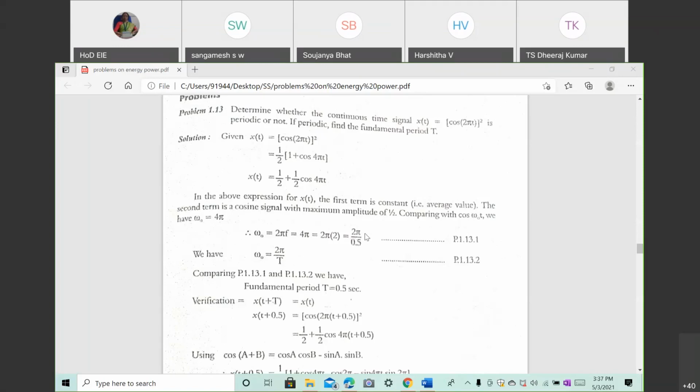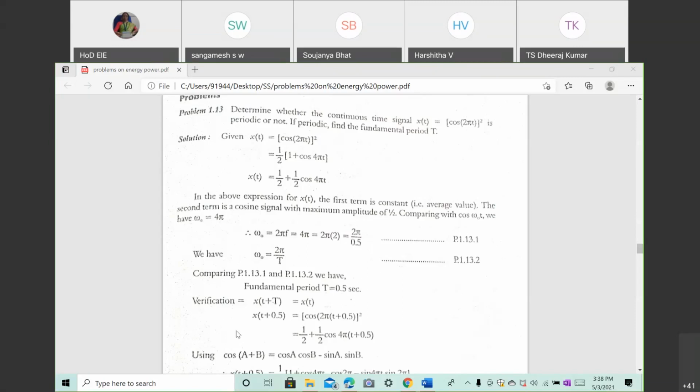We can also write 2 pi by 0.5, taking the 2 to the denominator, that is 1 by 2, which gives 0.5. And we have omega naught equal to 2 pi by T. Comparing these first and second equations, we get the fundamental period as 0.5. See, the first equation is 2 pi by 0.5, the second equation is omega naught 2 pi by T, which means that T equals 0.5 second.